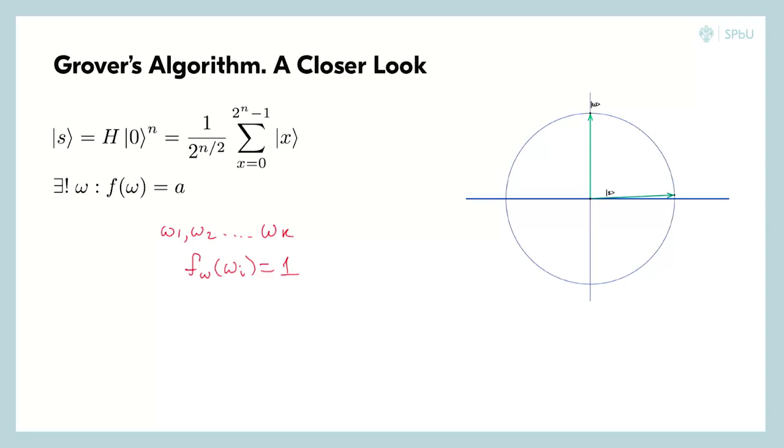Well, the algorithm doesn't change, but we need to recalculate the number of iterations for this case, because instead of one vector, we now have k vectors, and the angle theta here becomes greater. So vector S goes higher.